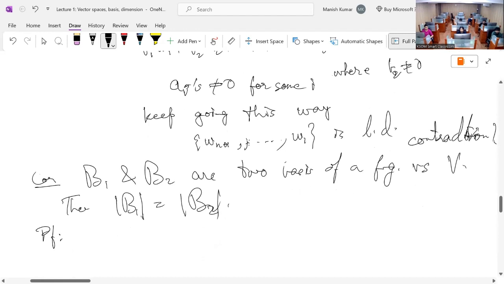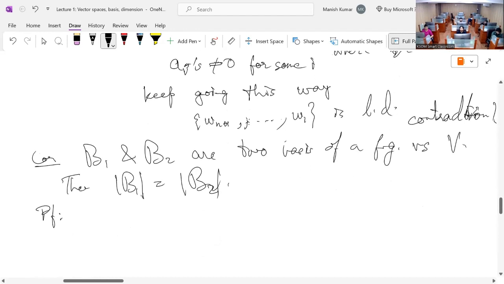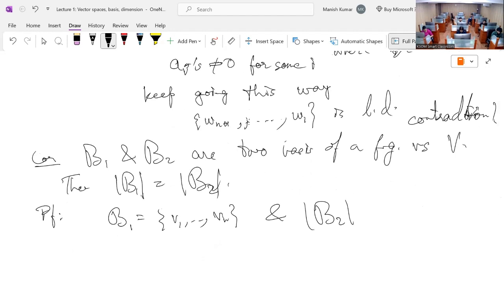So why are the two sides the same? Say B1 is V1 to Vn, and the size of B2 is greater than n.